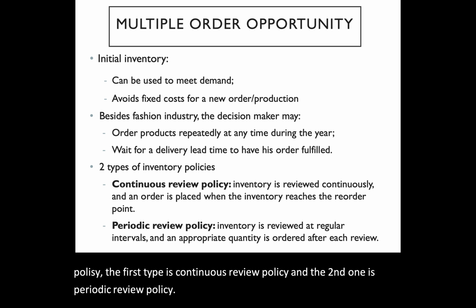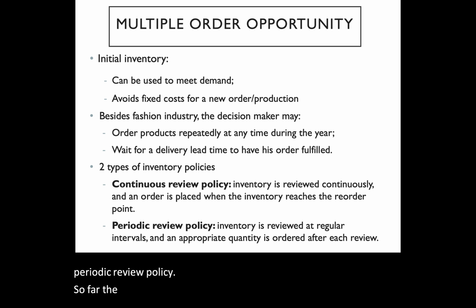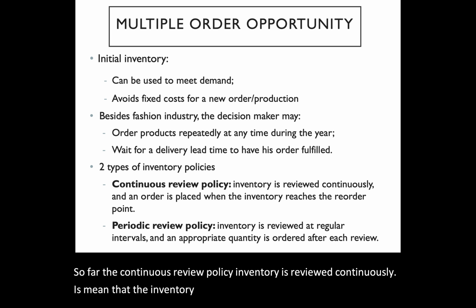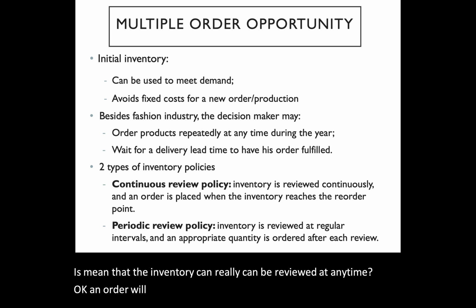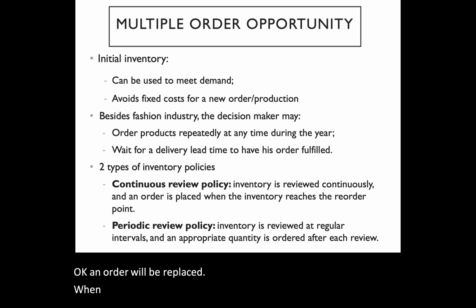So for the continuous review policy, inventory is reviewed continuously. It means that the inventory can be reviewed at any time. Okay, and an order will be placed when the inventory reaches the reorder point.